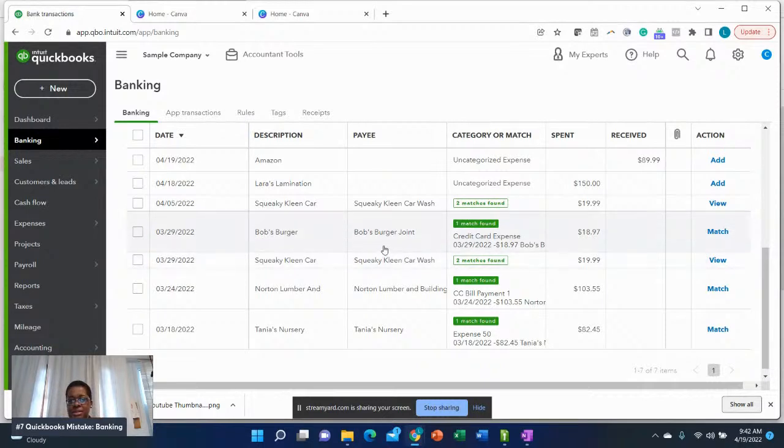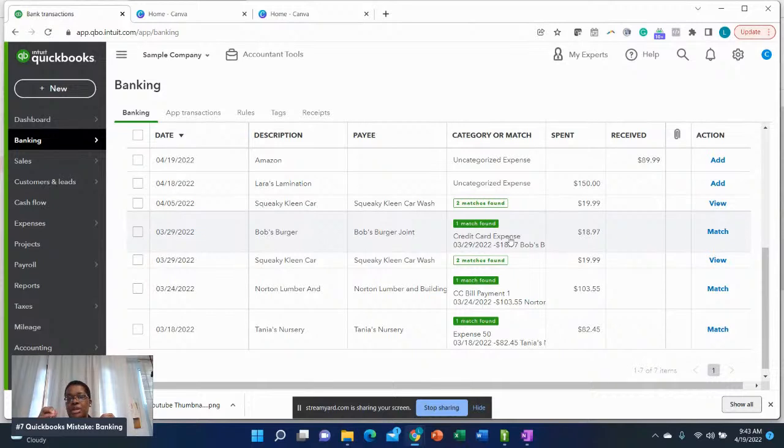A lot of businesses, however, do not enter anything into QuickBooks. They just wait until the bank and credit card transactions come across and then they code them. That's fine too. Good accounting practice, though, is to enter your expenses and your deposits as they happen instead of waiting for the bank.